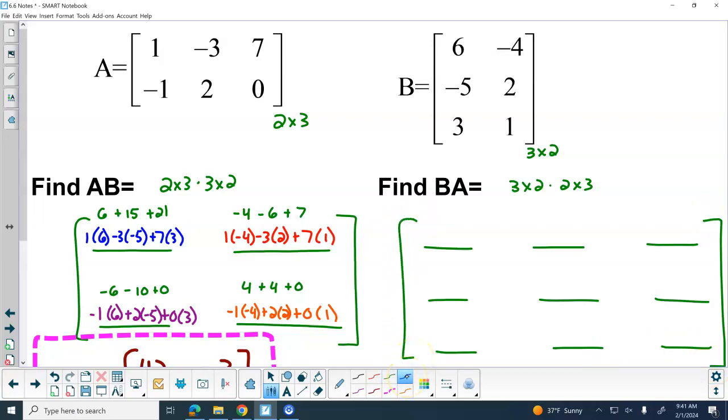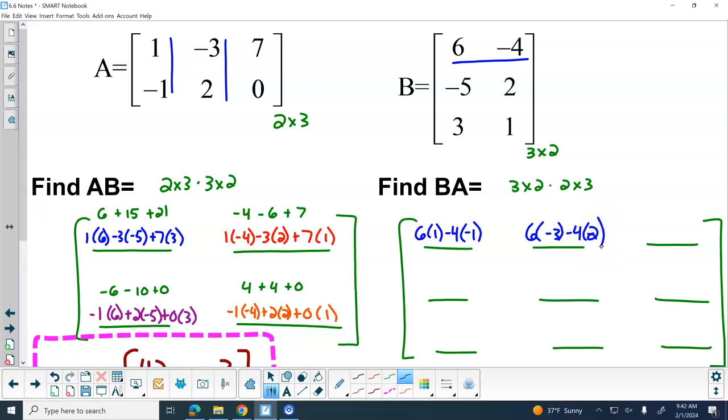So I'm going to take the first row times the first column: 6 times 1 minus 4 times negative 1. Then the first row times the second column: 6 times negative 3 minus 4 times positive 2.